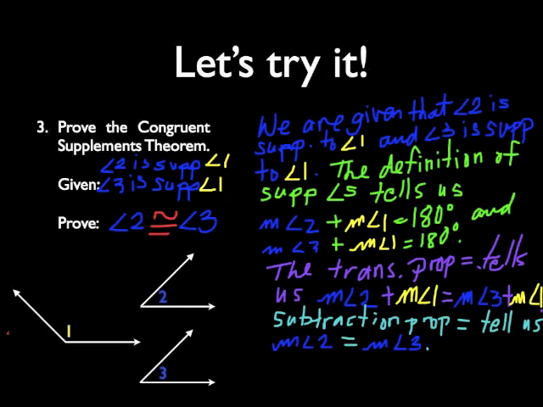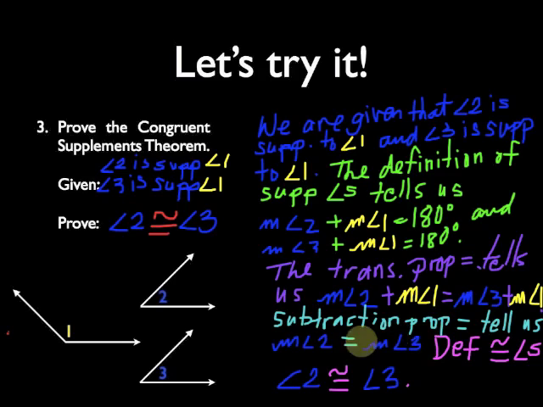Well, wait a minute. If the angle measures are equal, then the definition of congruent angles tells us that angle 2 is congruent to angle 3. Because the definition of congruent angles tells us if angle measures are the same, then the angles are congruent.